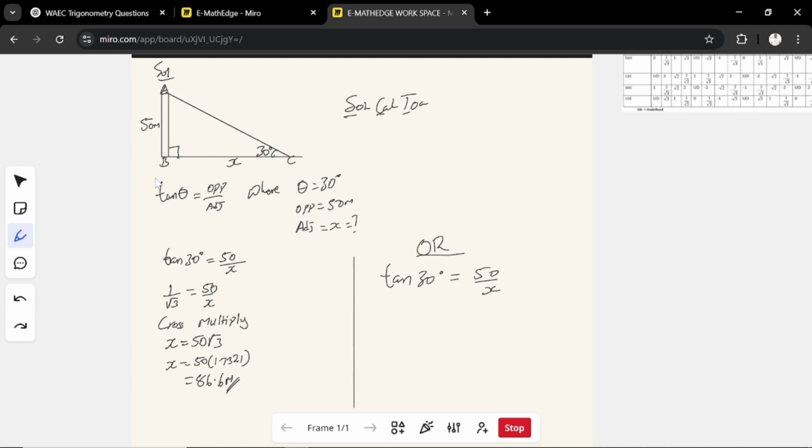And the value of tan 30, if you press your calculator, is going to give you 0.5773 or approximately 0.5774, right? To be equal to 50 over x. Now let's turn this to a fraction by making it over 1, such that at this point we can cross multiply.